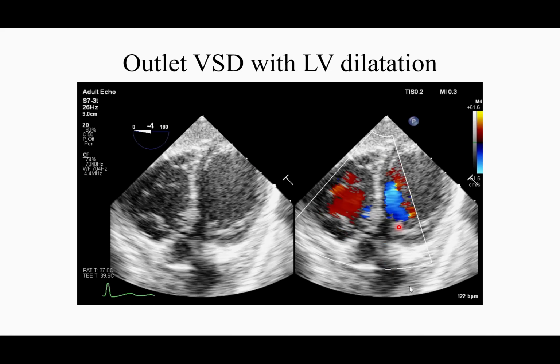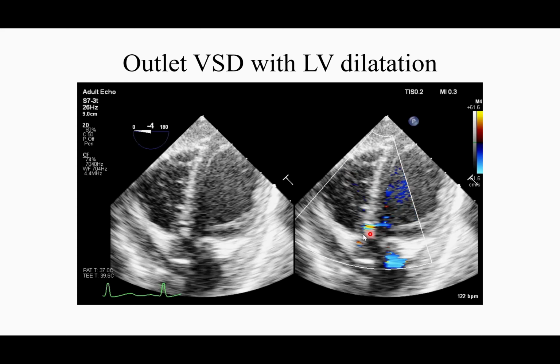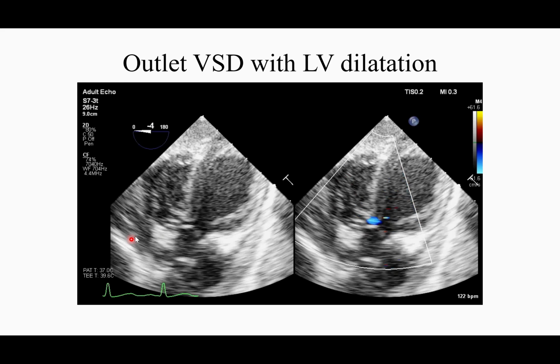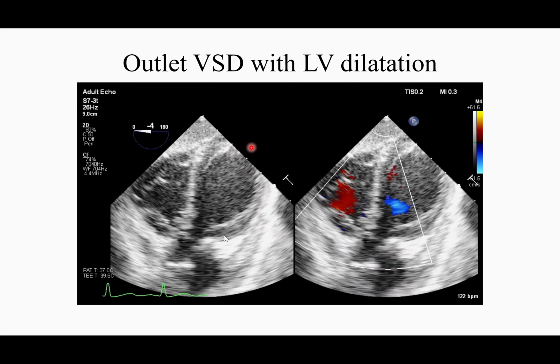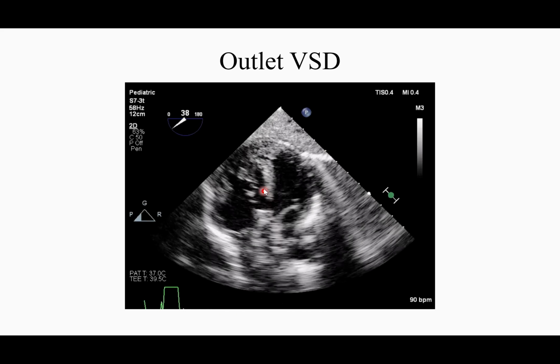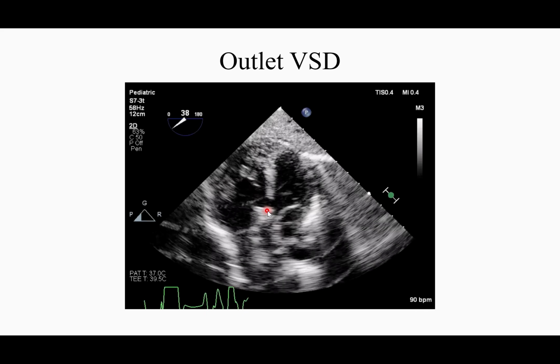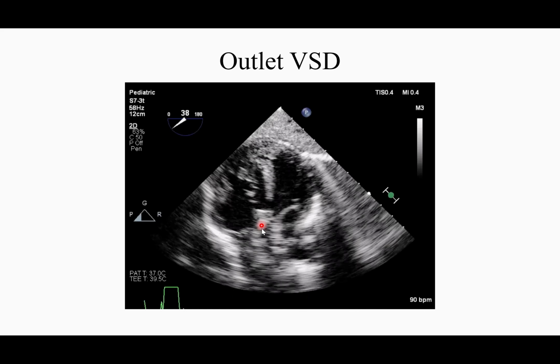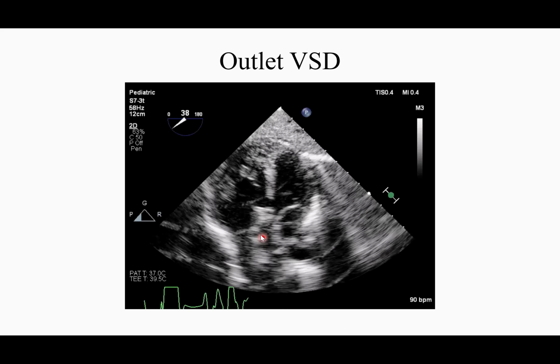This is an outlet VSD. I'm not sure which type, but this is an outlet VSD with the left ventricular dilatation. This is also an outlet VSD. Maybe a muscular outlet, but it's close to the outlet, so it is an outlet VSD.